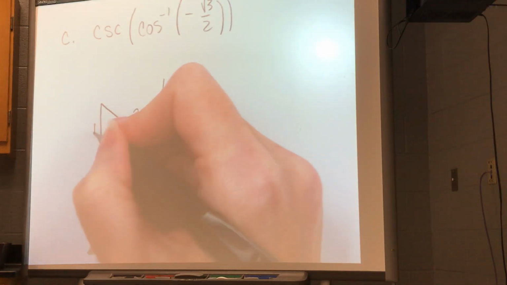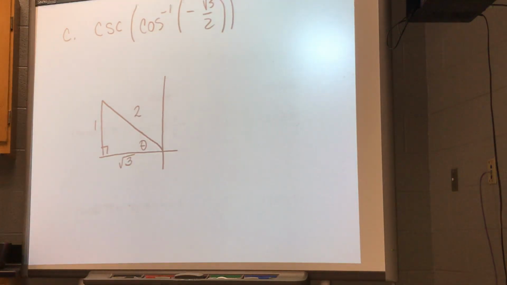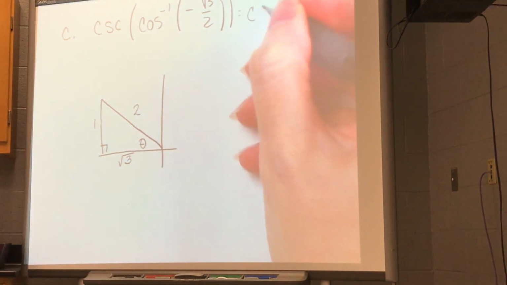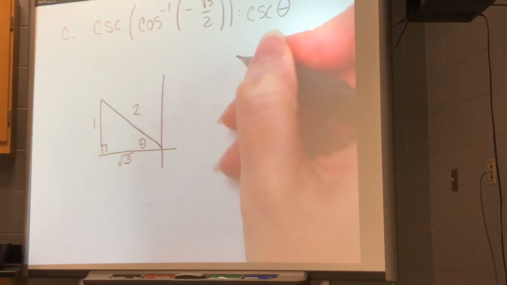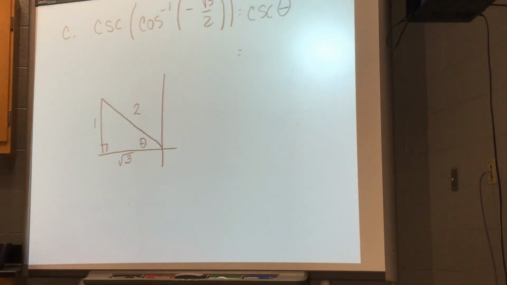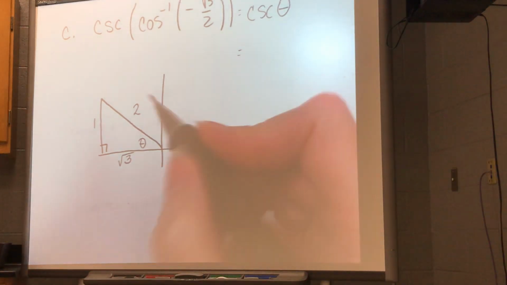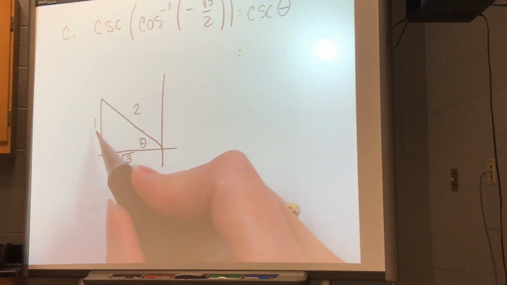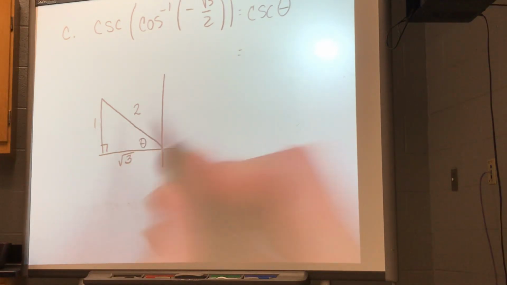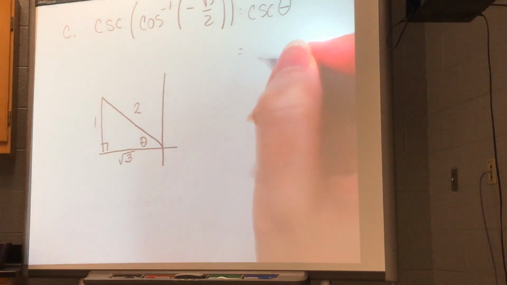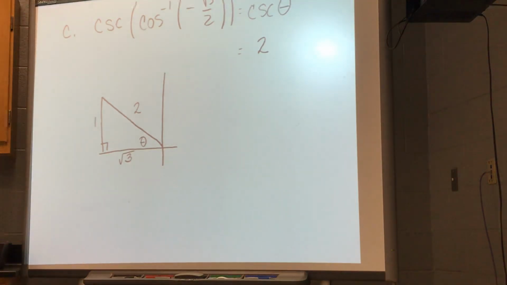One. This is actually a special right triangle. Okay, so we want to find the cosecant of theta. So cosecant is the reciprocal of sine. Is sine positive or negative in quadrant 2? Positive. So we're going to have a positive. All right, so sine is the opposite over the hypotenuse. So cosecant will do the hypotenuse over the opposite. So that's just going to be 2.